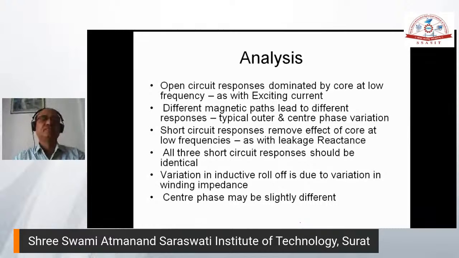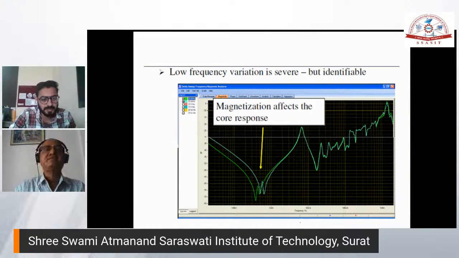Since the core component is removed, all the responses would be identical. So whatever variation there is, it is because of the winding impedances. The center phase is treated separately.